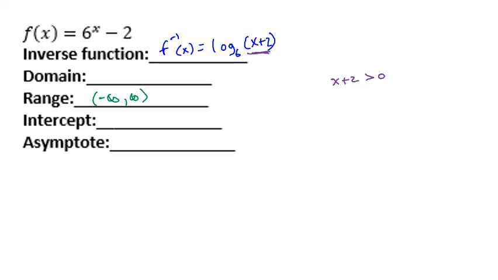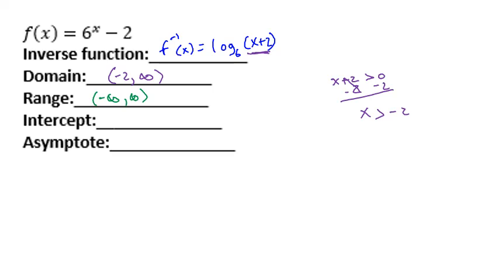We would have to subtract 2 from both sides of our inequality, and so x is greater than negative 2. So our domain, our acceptable x values, would be anything greater than negative 2, all the way to infinity.